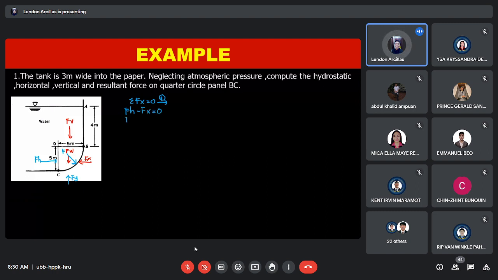Ganun lang din, F of H is equal to F of X. How to find the F of X or F of H? Since pareho lang sila, ganun din, we need to analyze yung kanina nating process on solving it.